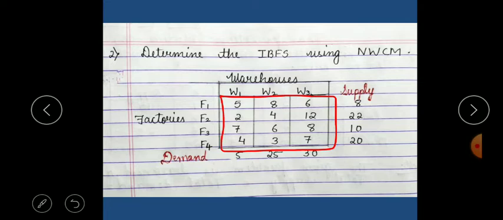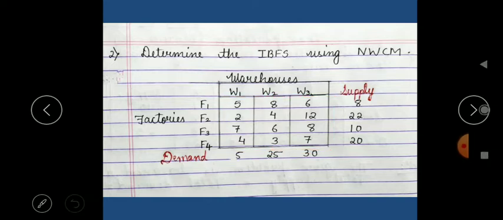In the cost matrix, the northwest cell is nothing but the top left corner. Which is the number at the top left corner? It is 5. So we are supposed to allocate the minimum of supply and demand at that point.